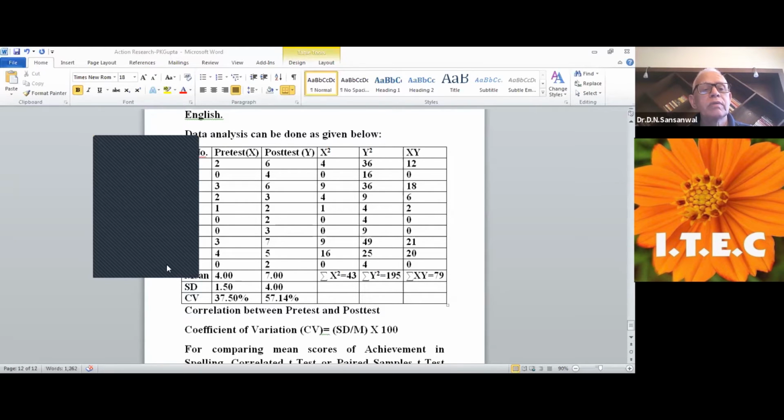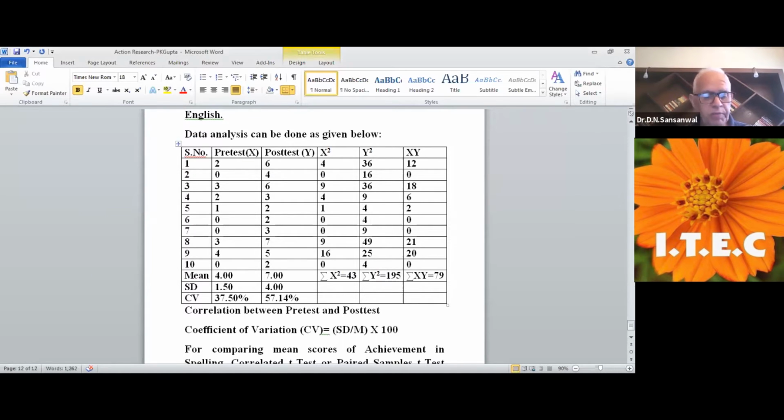So it is 192, that's correct. So it's not 195, it should be 192, no problem.